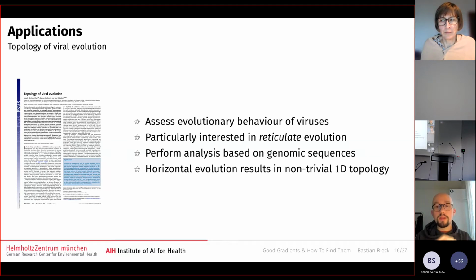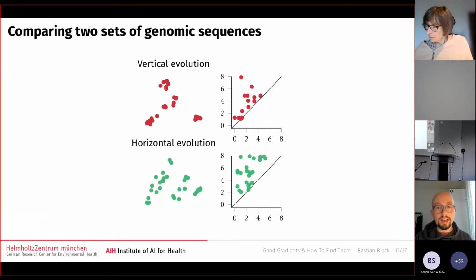And now they're looking at the topology of those genomic sequences in order to see whether horizontal evolution is different from ordinary evolution. And they actually find that horizontal evolution results in non-trivial 1D topological features. So 1D topological features would be circles or cycles. And so they're capable of finding these cycles in genomic sequencing data, which I find fascinating.